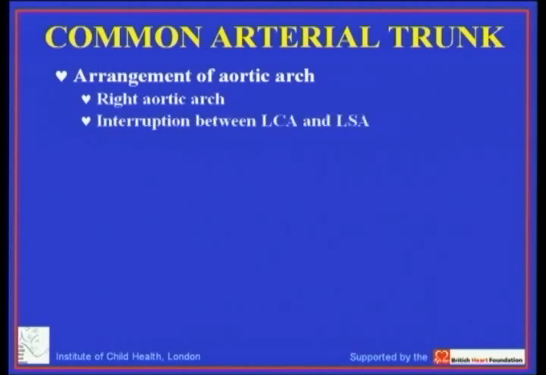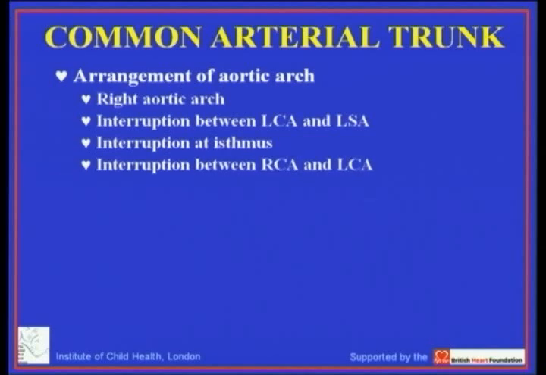The significant point, however, is more in terms of interruption of the aortic pathways, and that interruption, as we will discuss very shortly, can occur between the left carotid artery and the left subclavian artery, or it can occur at the isthmus. It can also occur between the coronary arteries, although that is exceedingly rare. And then there can be aortic coarctation.